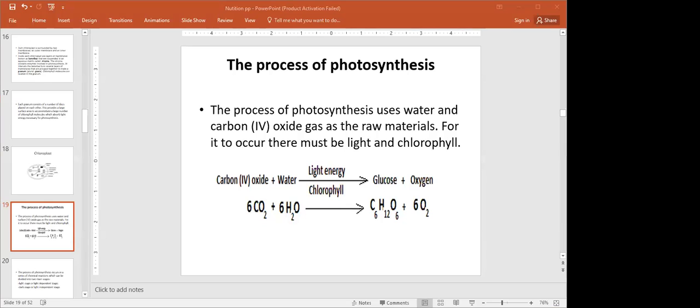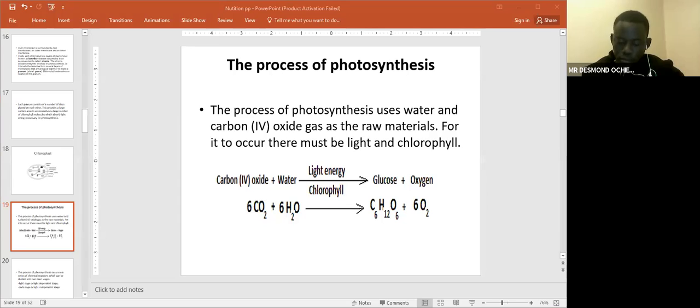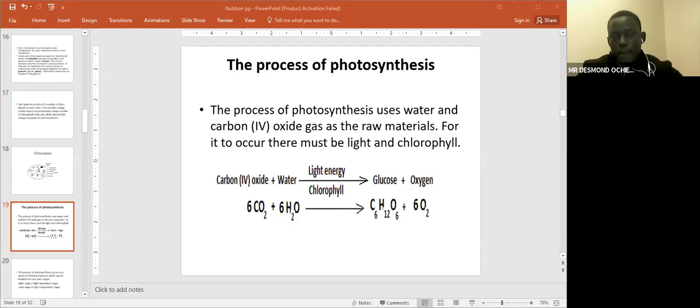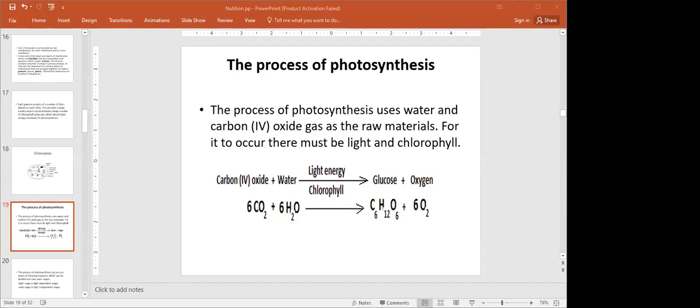Is that correct? The lamellae is the spaces in between the grana. The thylakoid discs are like the individual parts, and the whole group is called the granum. If I'm not correct, tell me if I'm wrong.